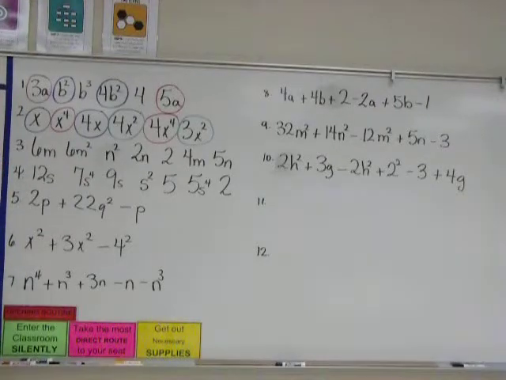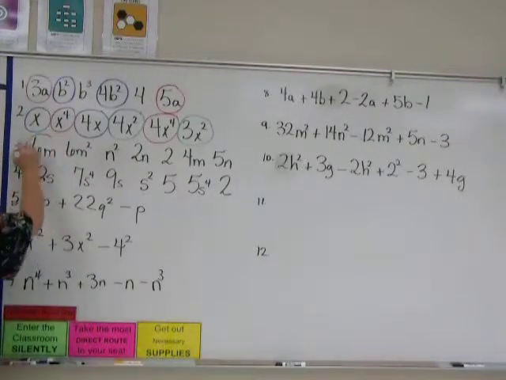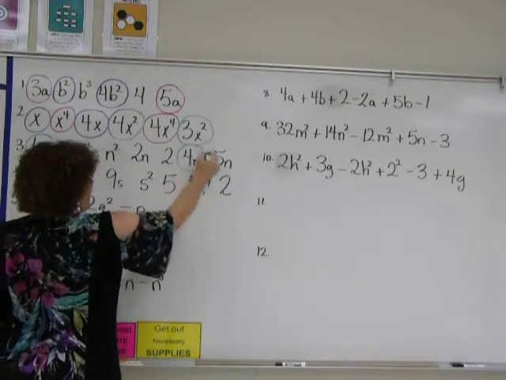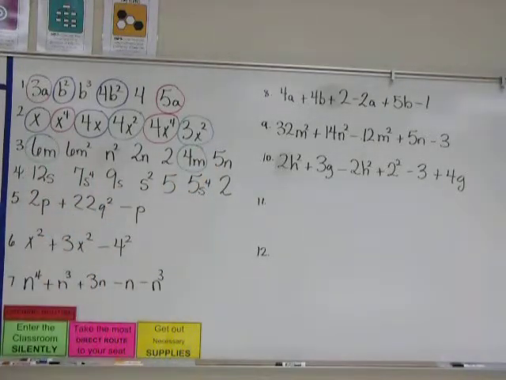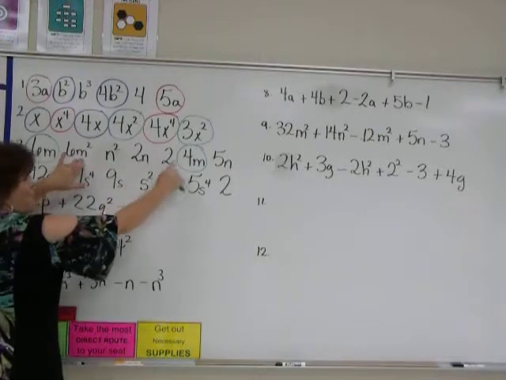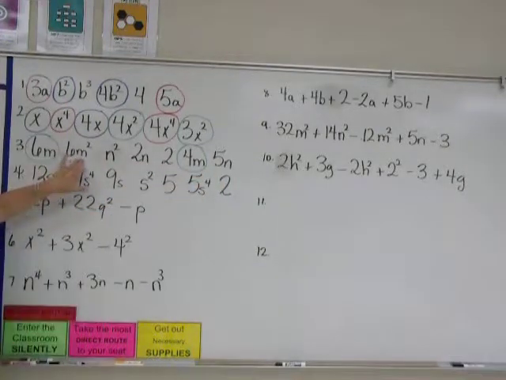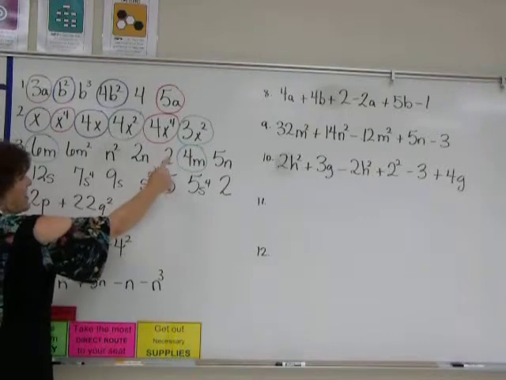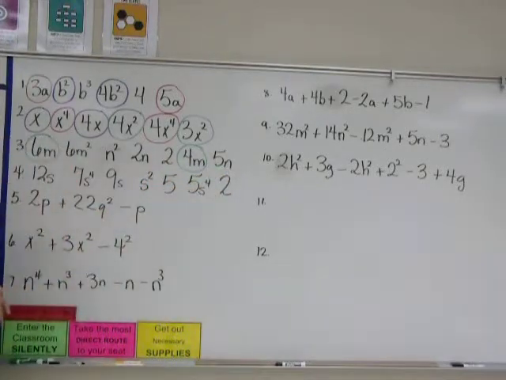For number 3, you had n's raised to no power, n's raised to no power. Just n's. M squared. You did not have any more M squares. It did not have anything like to match it up with. N squares. You did not have any more N squares.